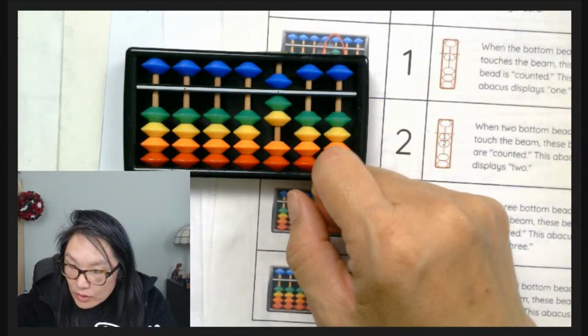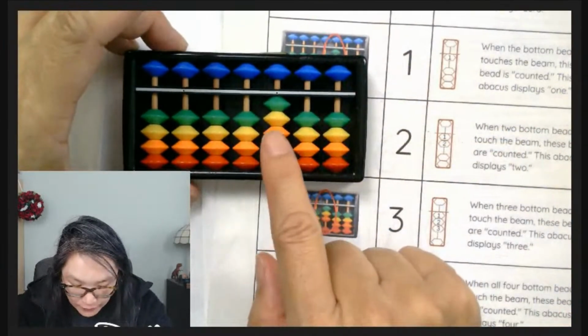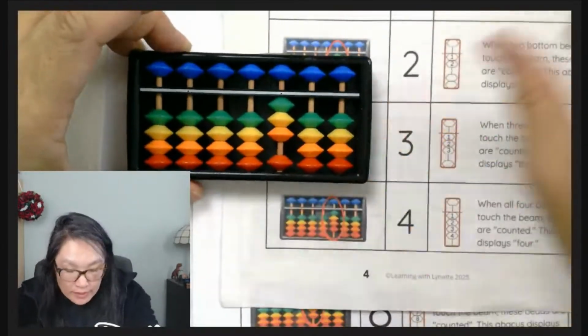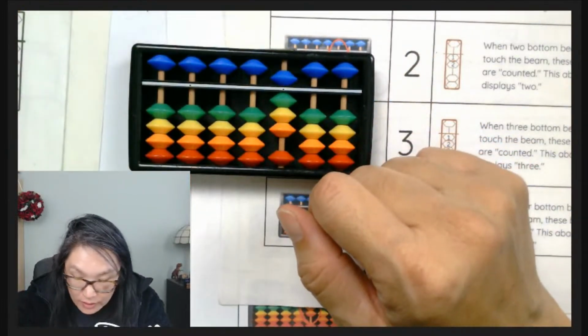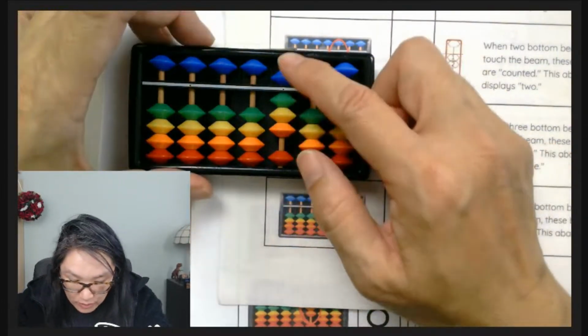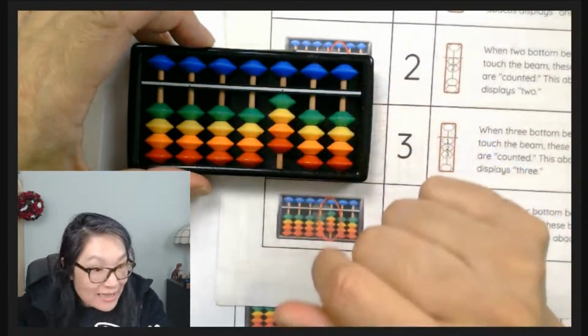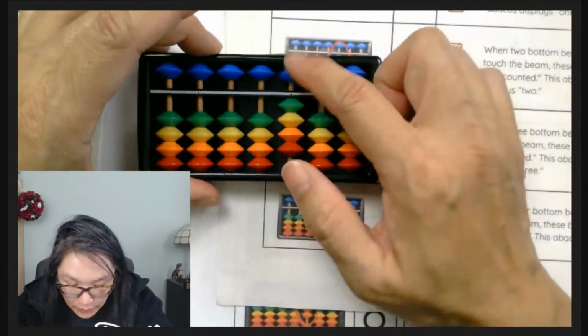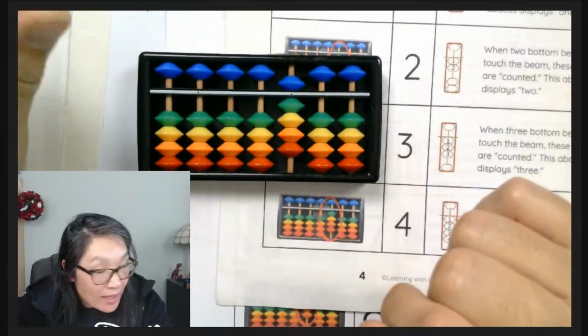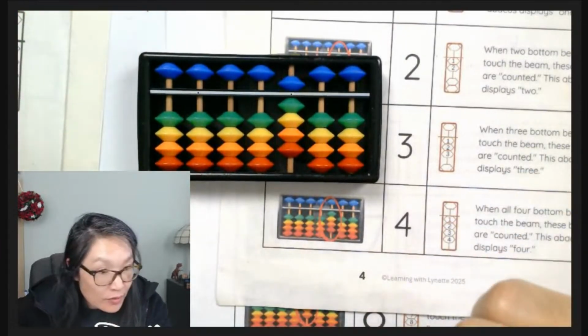When I go to 3, we know that this is 3, then we have 8 when we add the 5. And then when we have 4 and we add the 5, now we have 9. Make sense? Let me know if you have any questions.